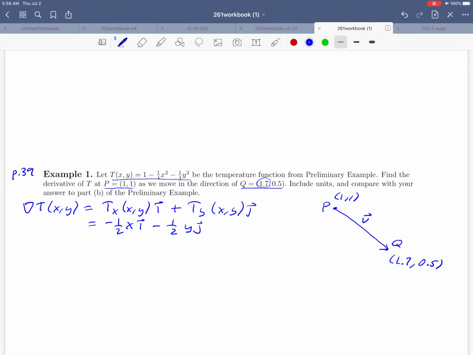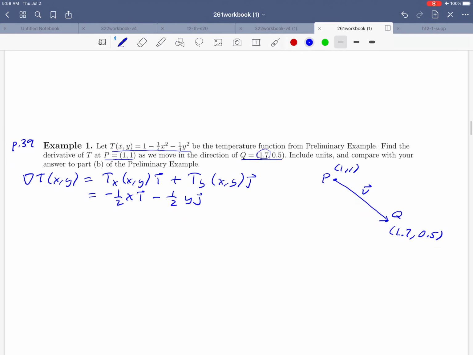Same formula for the gradient that we got in the preliminary example. And then just to remind us of what we're trying to find, we're looking for the derivative of T at the point 1, 1 in the direction of v, that vector that we drew to the right.